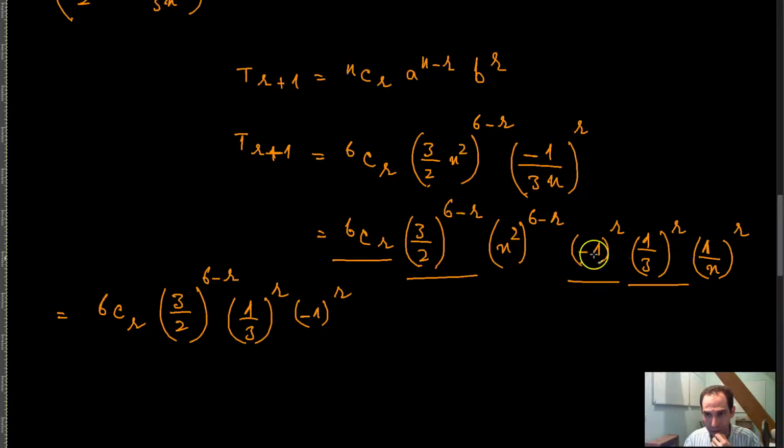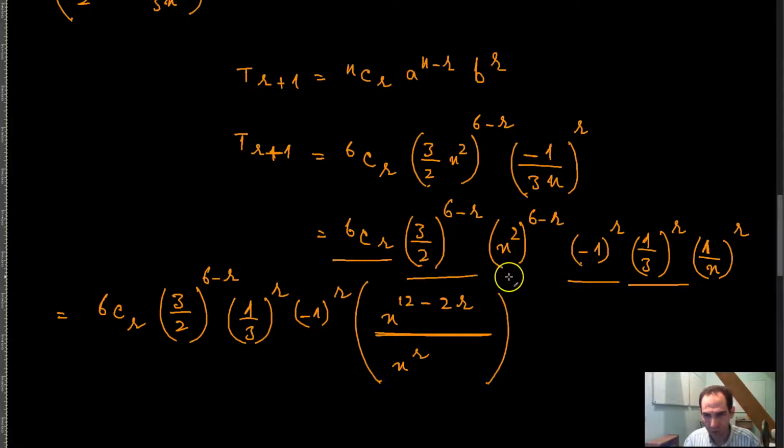So this is taken care of. The only thing that remains are these two terms that contain the x. Over here you have (x²) raised to the power 6 minus r, which is x raised to the power 12 minus 2r, and then you divide that by x raised to the power r, right? So now these two are also taken care of.